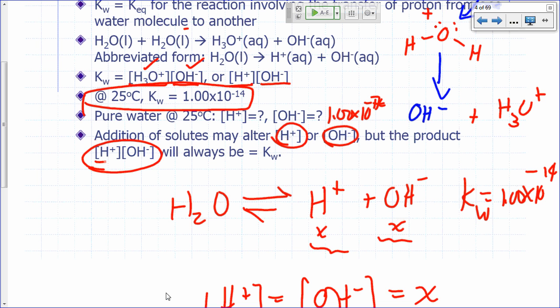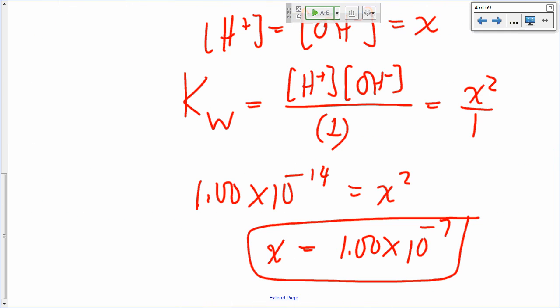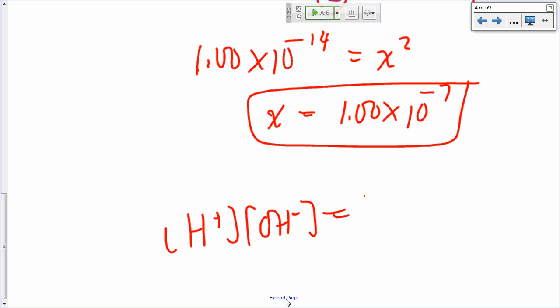But the product of H plus times hydroxide must be a constant. That's equal to Kw. What does that mean? If H plus goes up, what must happen to hydroxide in order for the product to remain constant?